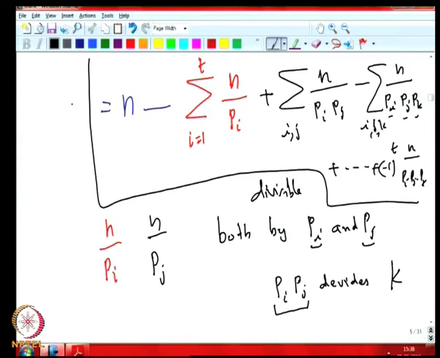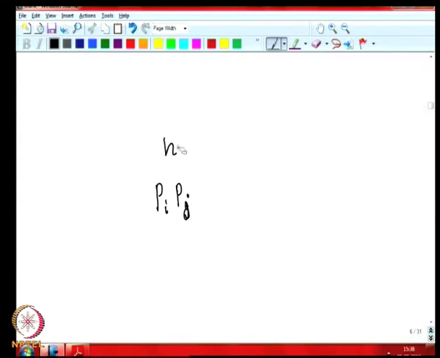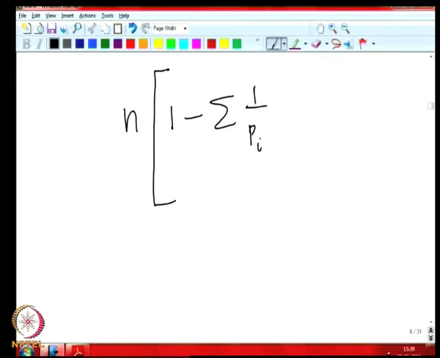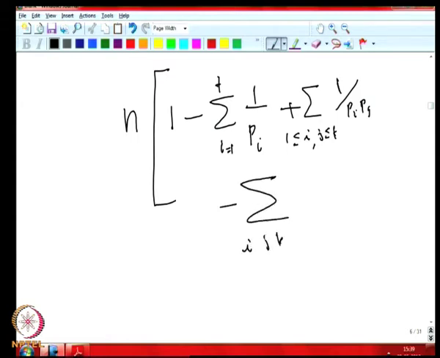Now we can try to do a little bit of simplification here. What we do is we take n out, and then we get 1 minus sigma 1 by Pi, right, for every i equal to 1 to t, and then plus sigma for every i and j in the range 1 to t, we are taking 1 by Pi into Pj, and minus sigma for every i, j, k, so we are taking 1 by Pi into Pj into Pk, like this, right.